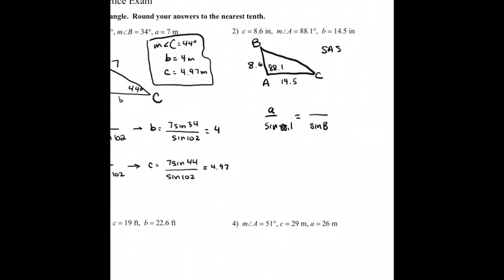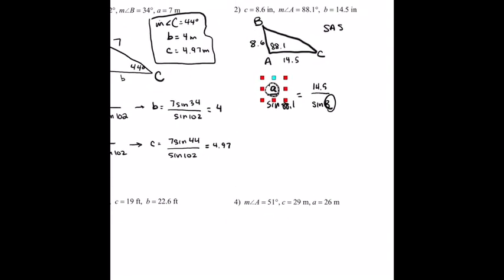If we try to use another ratio like side B, which is 14.5, there are 2 unknowns, so we can't solve that equation. We could try it for C. Side C is 8.6, but we don't know angle C either. So there again, there are 2 unknowns, so that one's not going to work. Law of sines isn't going to work. It has to be law of cosines.